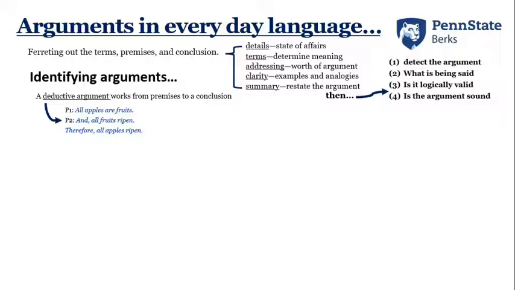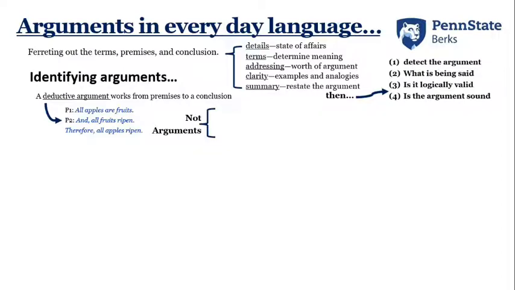They contain the truth value of what they are trying to express. And as an overall argument, this is placed in logical form. So therefore, we have to accept all apples ripen. We're going to say that that is both a logically valid argument and also a sound argument.